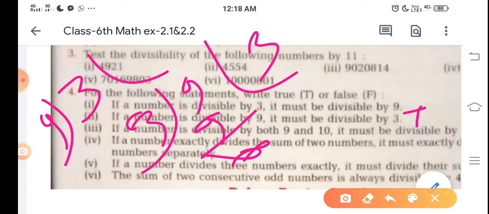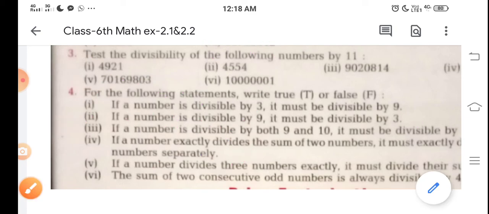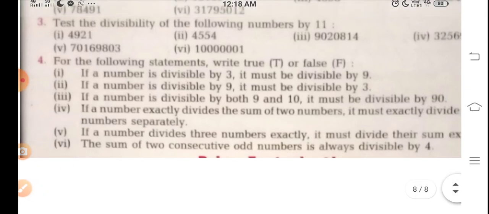So that statement is true. Next, third question: if a number is divisible by 9 and 10, it must be divisible by 90. That's simple, it means that's true. First false, second true, third true.